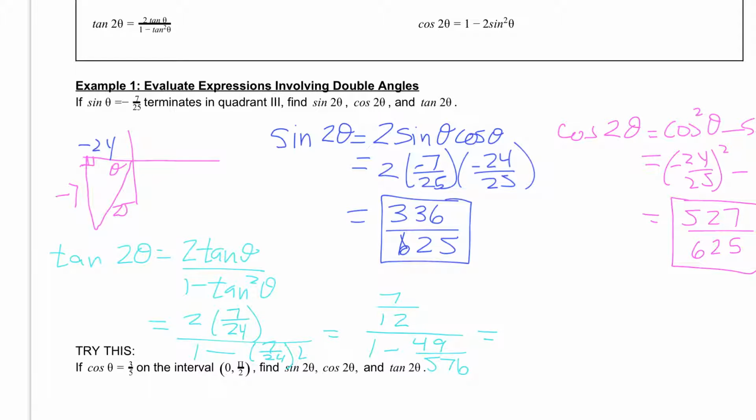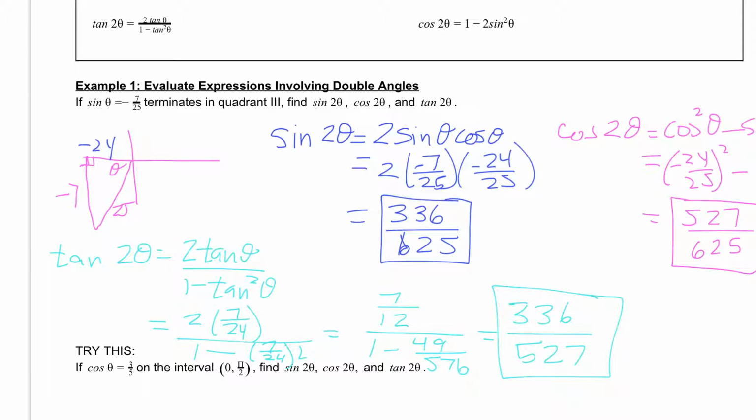And at any point in time, you can just plug it all into your calculator. So now if I plug this all in, I'll end up with 336 over 527. So again, plug that in, make sure you're doing it correctly and you have the right answer. If not, let me know.